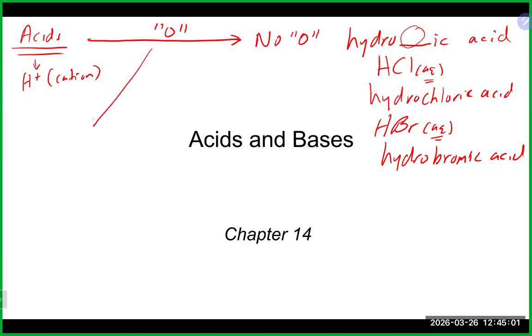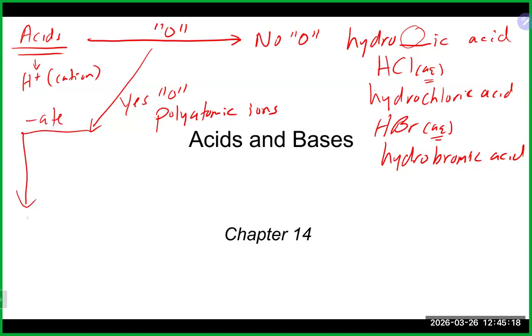If you do have oxygen, your acid will contain one of those polyatomic ions that everybody loves. And as you remember, those polyatomic ions basically end in one of two ways. It could either end in ate, and if it does, your acid is something-ic acid.